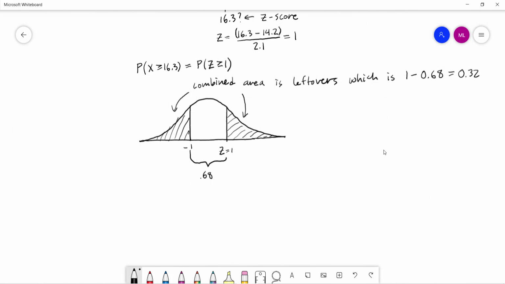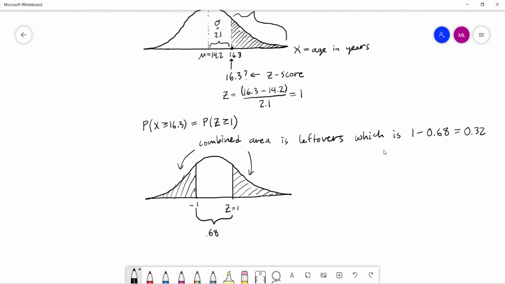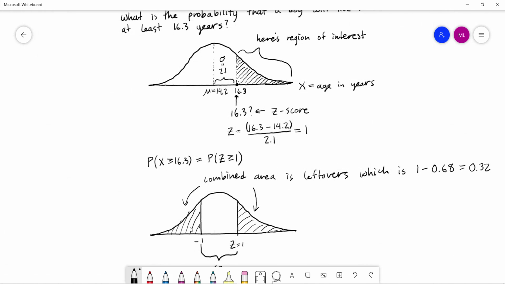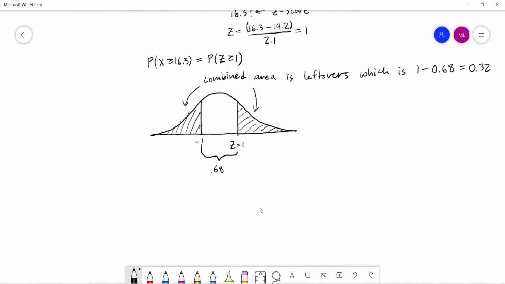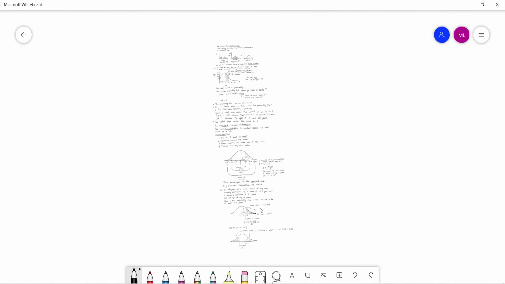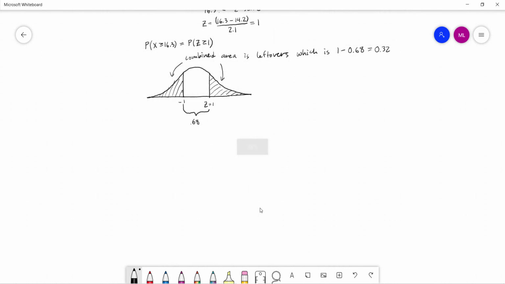But I also know that it's split evenly left and right. It's symmetric. The area over here matches the same area over here. So if I just want this area, if I just want the area on the right, this is half of the leftovers that we had, right? The leftovers was both of the shaded regions. This is just half of it.